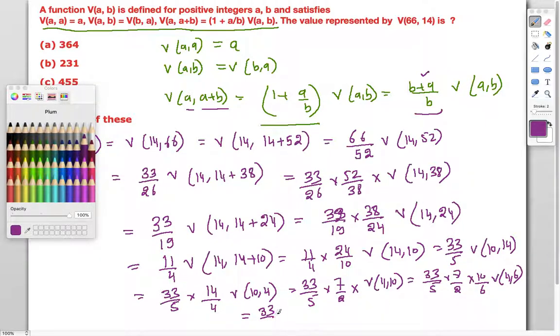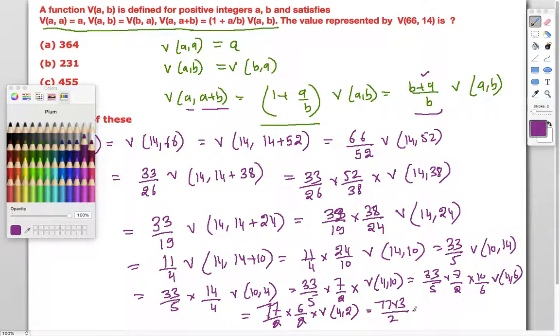So I get 77 by 2 into V(4, 6). Now V(4, 6) is 6 by 2 into V(4, 2), and 6 by 2 is equal to 3. So I can say 77 into 3 by 2.